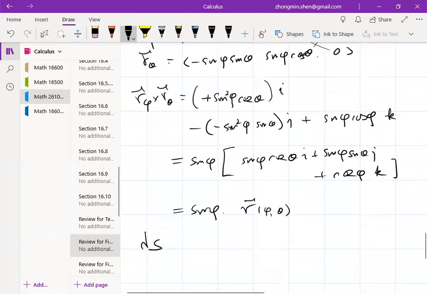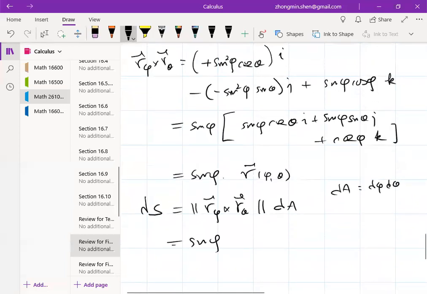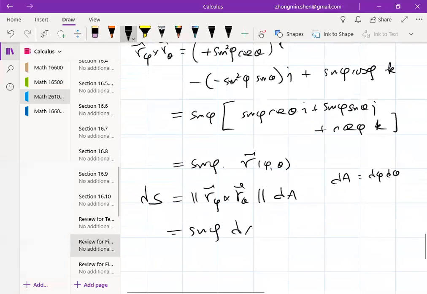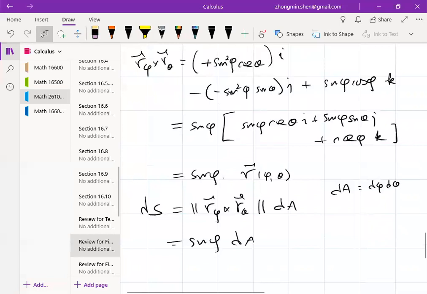Anyway, dS is going to be the norm of this, and dA is d phi d theta. The length of the position vector is 1, so the cross product does not have unit length.